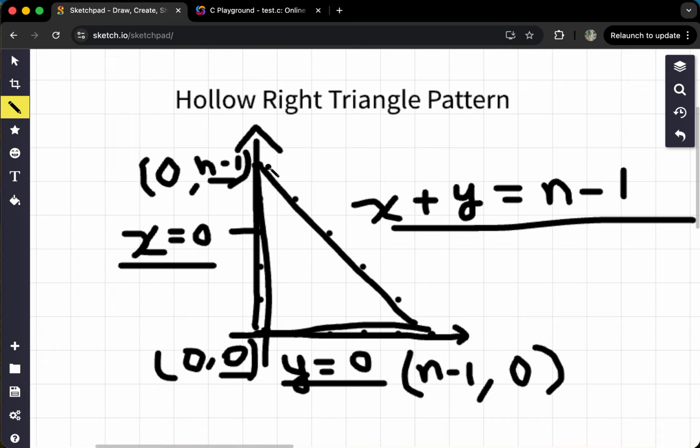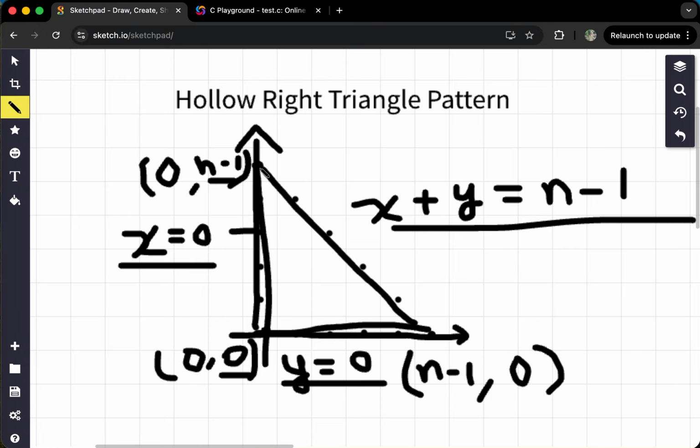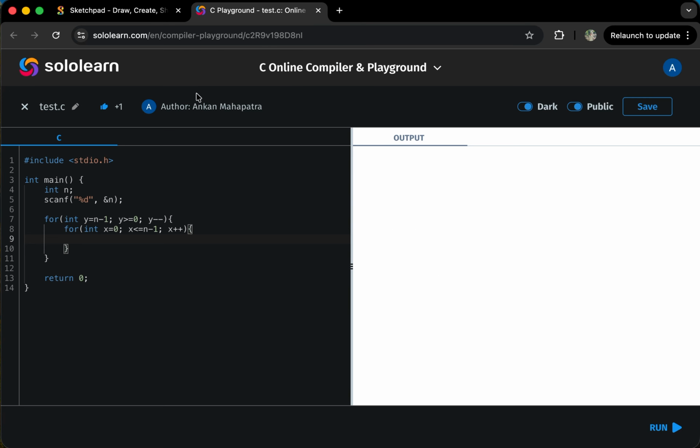So either the point should be a symbol or a space. So these are the two possibilities. And to know if the point should be filled with a symbol, we can find out by using these equations. So if any one of these equations satisfy for the given point, then we have to print a symbol. Otherwise, we have to print a space.